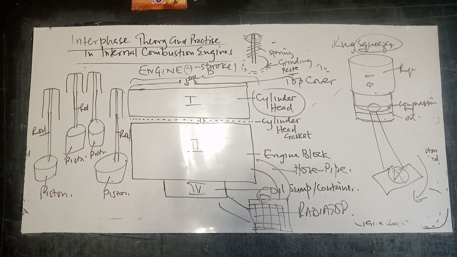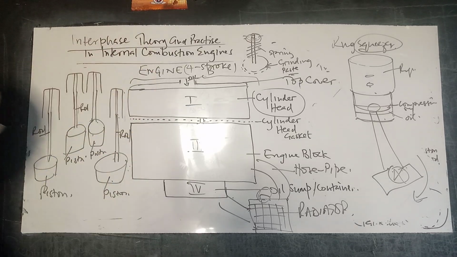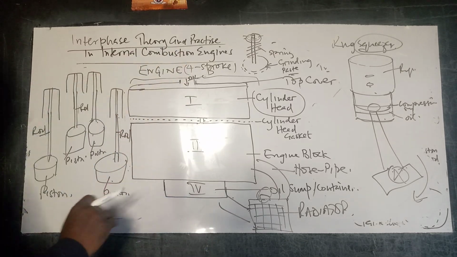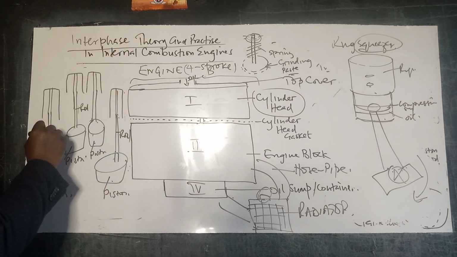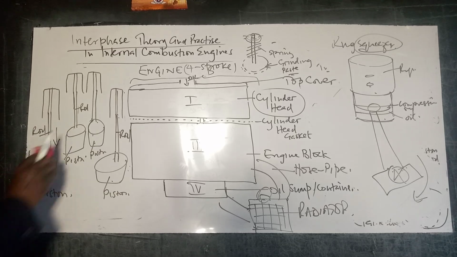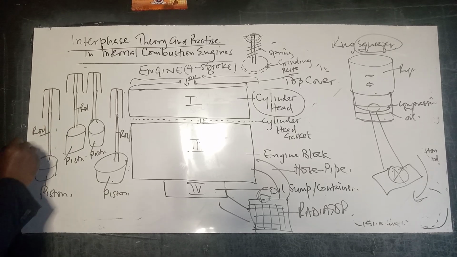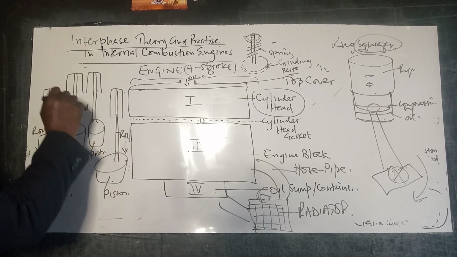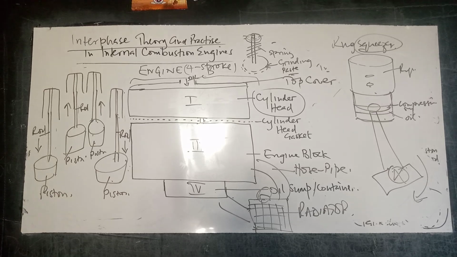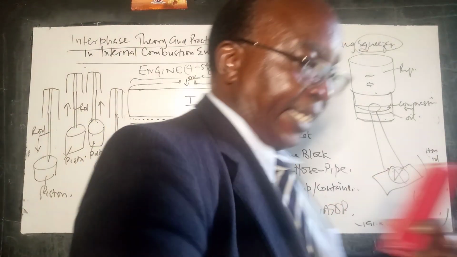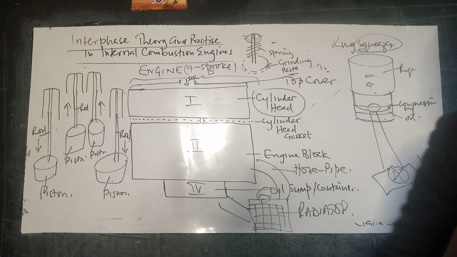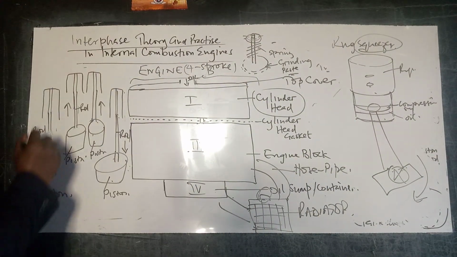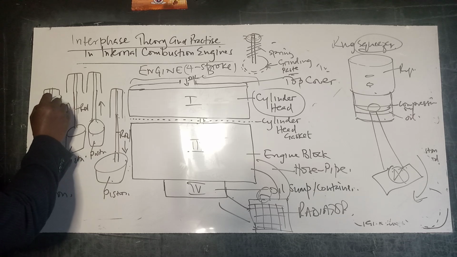So, as the piston moves up and down the cylinder, that is reciprocating motion. What we have here is that as this one moves up in that direction, these ones are moving in the opposite direction. So that reciprocating motion is now converted into a rotary motion through the crankshaft. So we have links in the crankshaft.